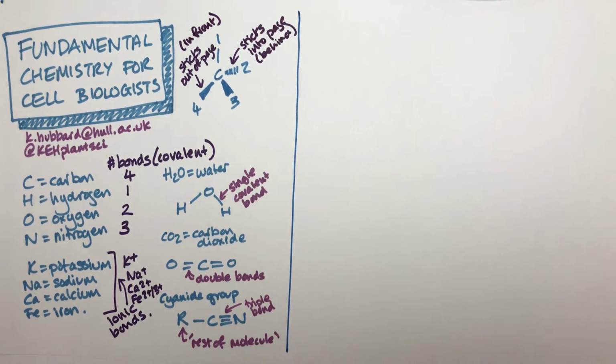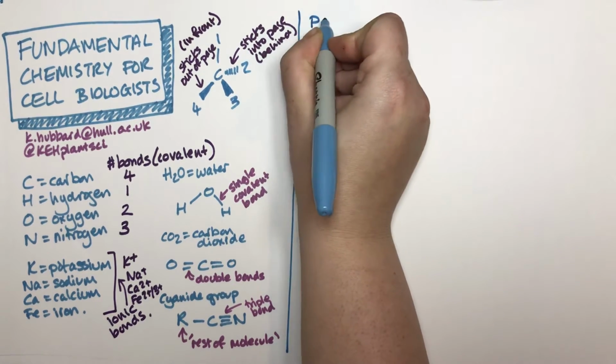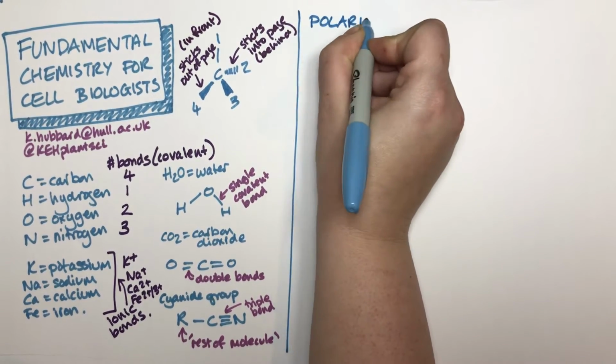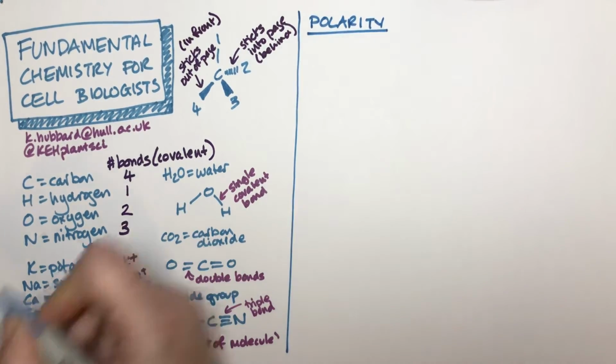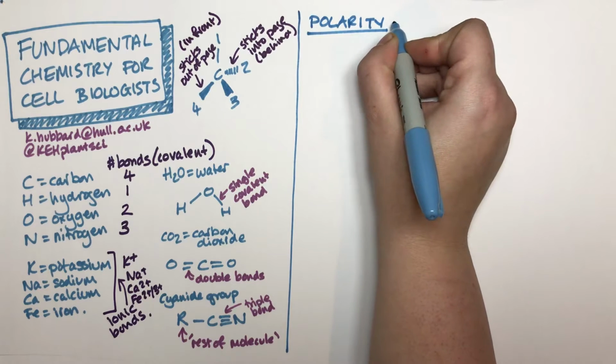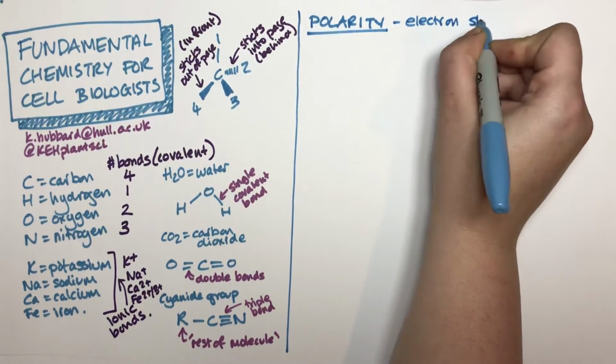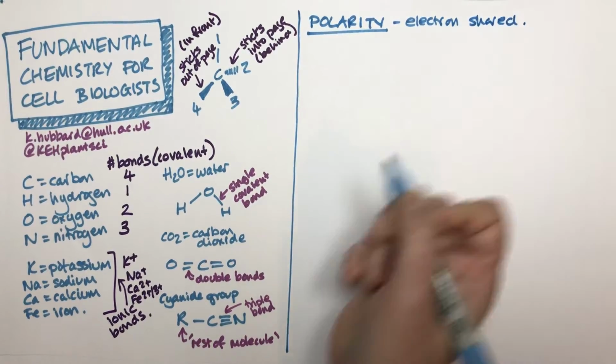Okay, so those are the notations, but we've also got some important properties that we need to think about in terms of biological molecules. One of those is polarity. Polarity is about how the electrons are shared in a molecule.